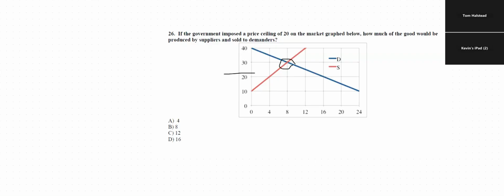Okay, so how much of the quantity would be made with a price change? If you have a price change and a quantity change, is that a shift or a movement?